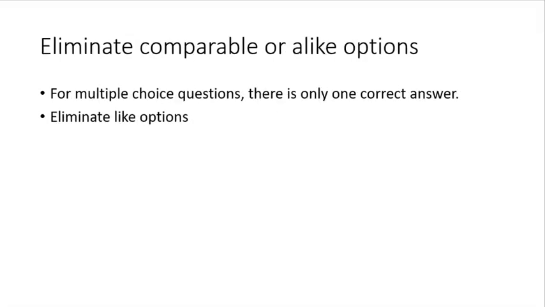You want to eliminate comparable or alike answer options. For a multiple choice question, there's only one answer. So if two answer options are similar, likely neither of those answer options are going to be correct. For example, if you have more than one answer option related to fluid overload, such as getting your patient's weight, another answer option to monitor the patient's intake and output, and a third to listen to the patient's lung sounds, listening for crackles if they have too much fluid.